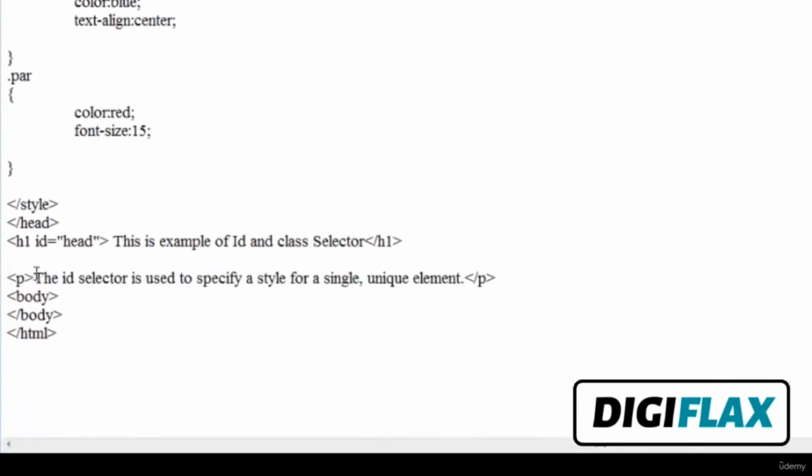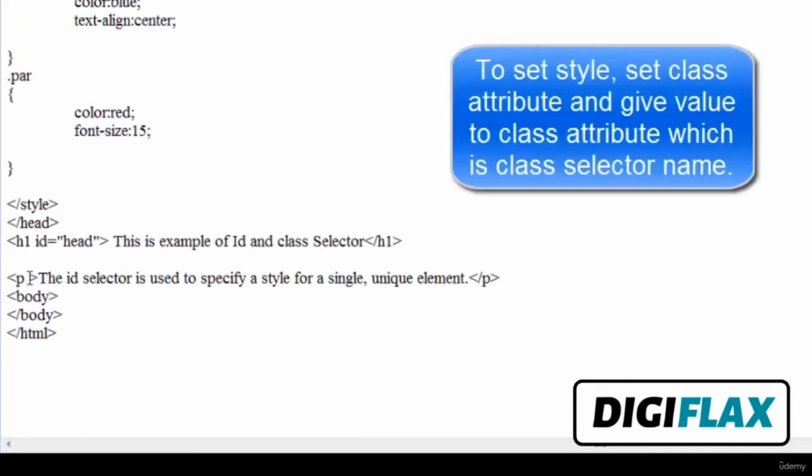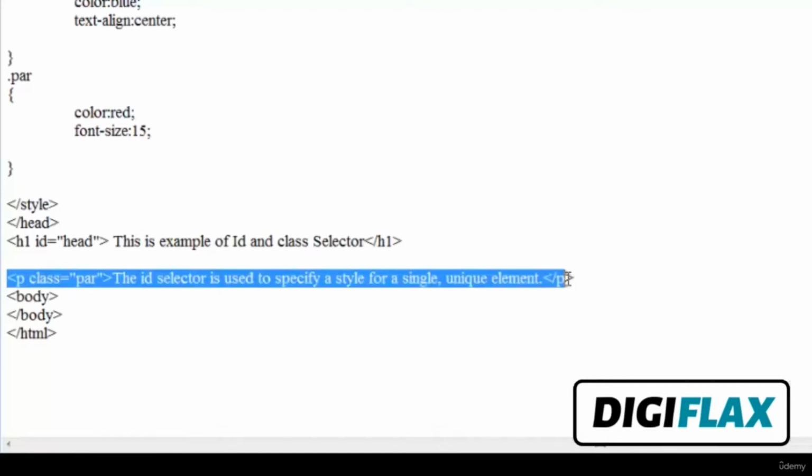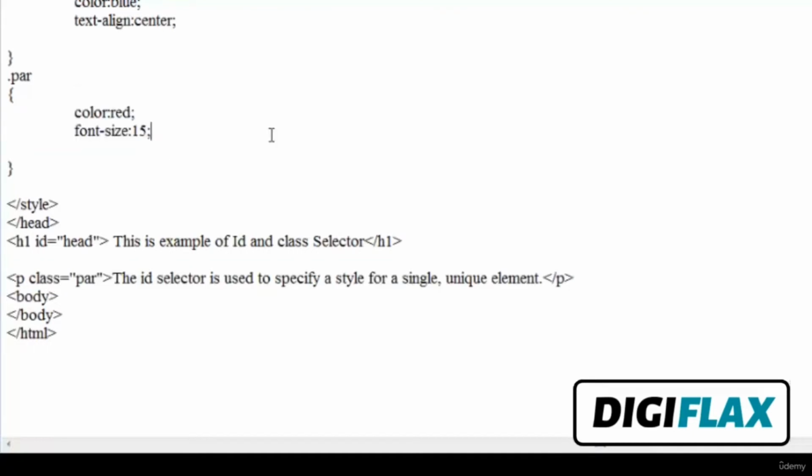After declaring the class, at the time of creation of the tag, I have to write the class attribute and specify which class I want to apply to this particular tag. I want to use the para class, so this paragraph will now contain the style of this para class.